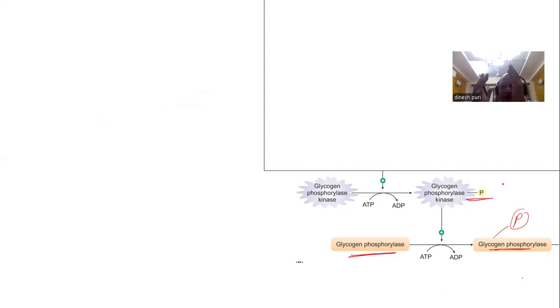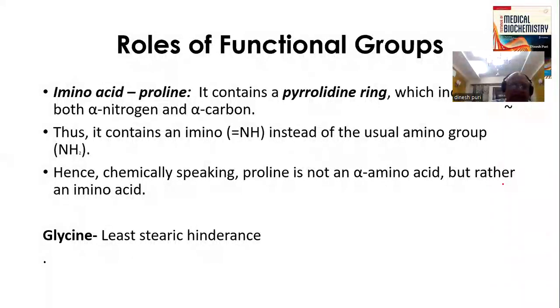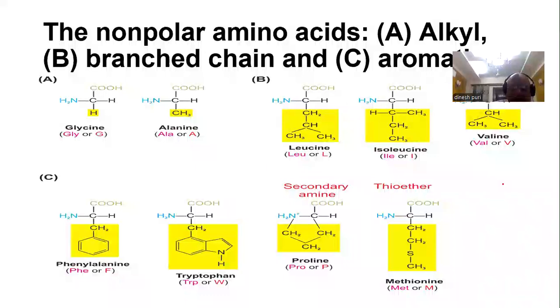So some enzymes are activated by phosphorylation, some are deactivated by phosphorylation. But the important point here is that the hydroxyl group of serine acts as an important regulator of enzyme activity, reversible enzyme activity.